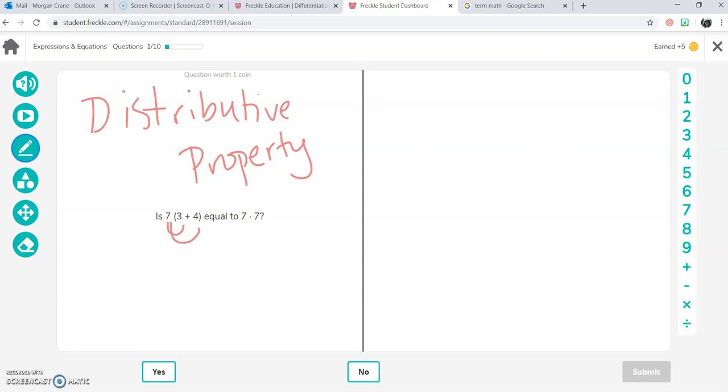So what this is saying is 7 times 3 plus, oops, excuse me, let me erase that. So we have 7 times 3 plus 7 times 4. We need to solve that. We need to see if it's equal to the same thing as 7 times 7.